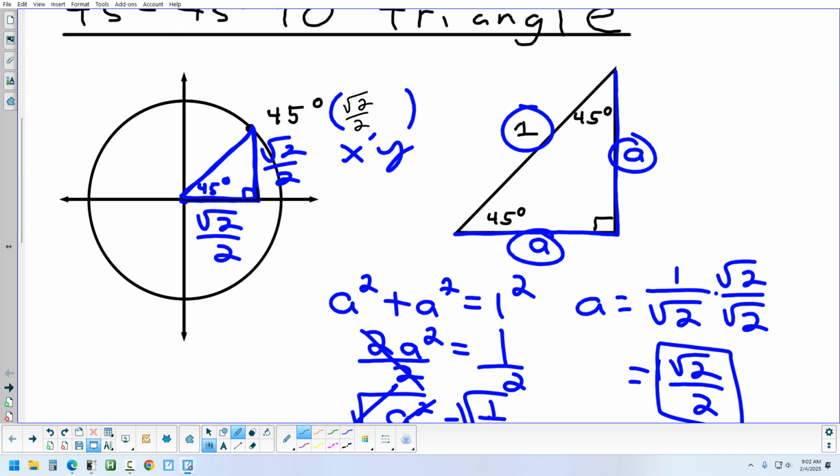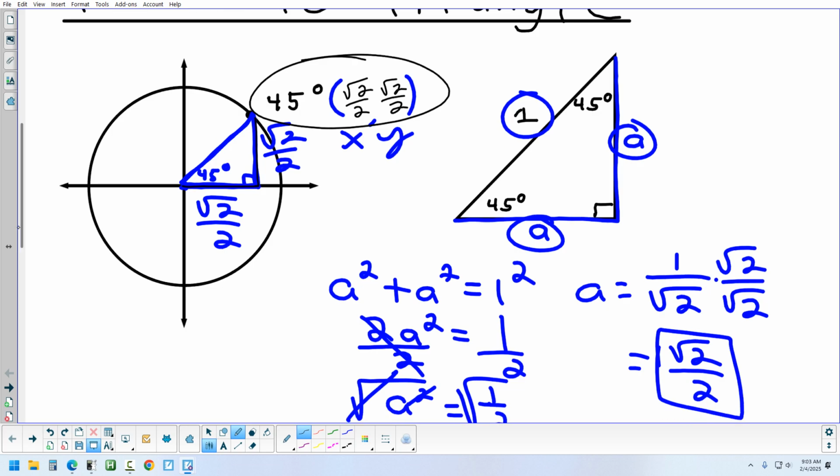And what's the y value for the coordinate for 45 degrees? It's also square root of 2 over 2. So that is how you get the coordinate for 45 degrees, and that never changes. That's always the same coordinate. Any question how we got the coordinate for 45?